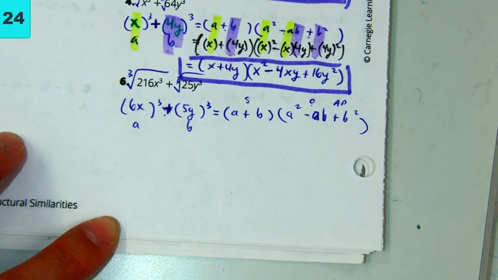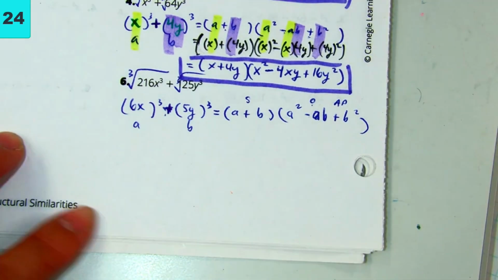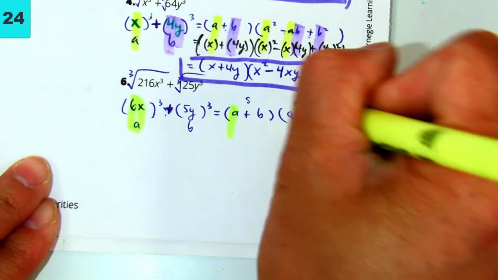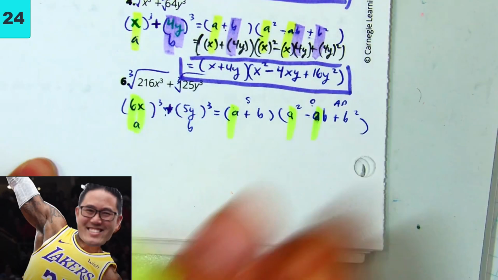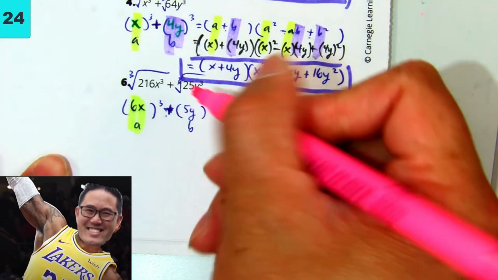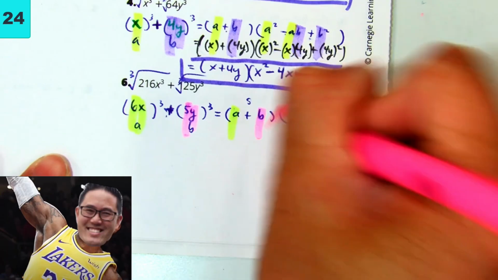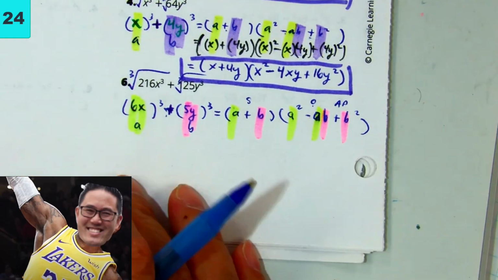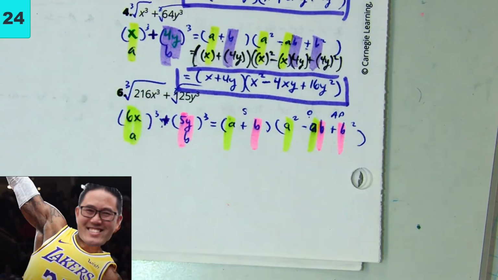Let's do our substitutions. My A is going to be 6x. My B value is going to be 5y. Tell us about our substitutions, Ariel.